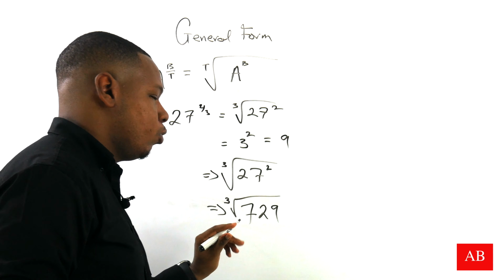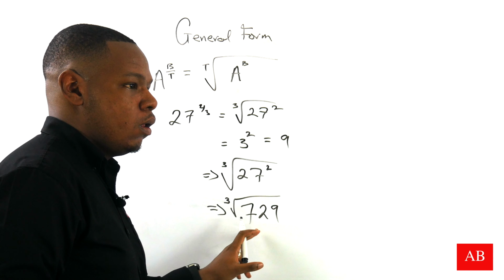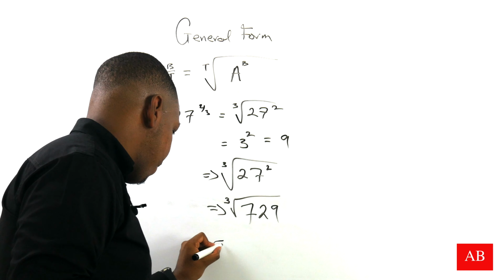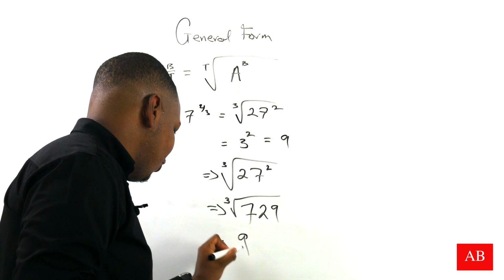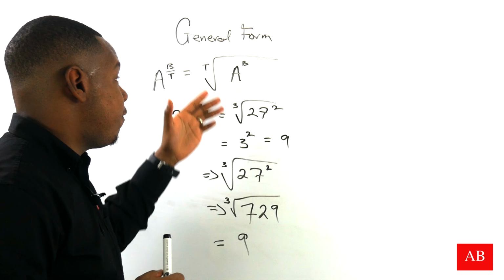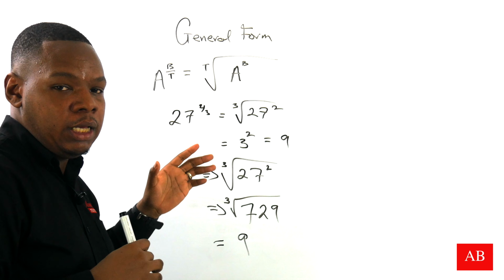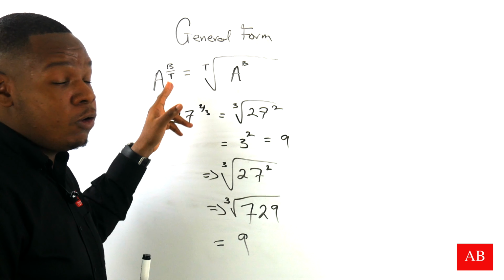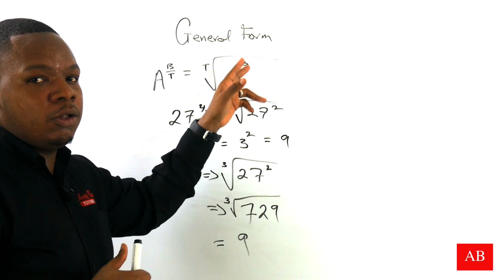And you find the cube root of that, which would be 9, right? So either way you can work it. And that is our final law of indices. When you raise a to the b over t, it's the t root of a to the b.